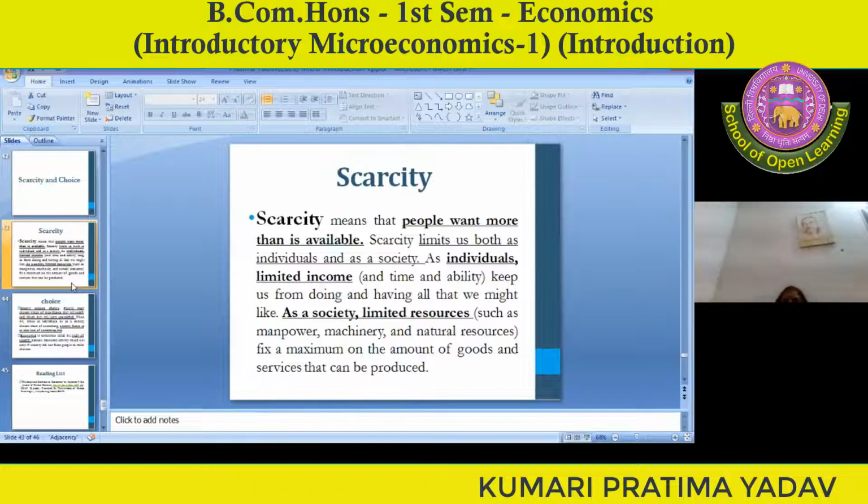Take other countries in the world and compare where we stand. Individuals have scarcity because each and everyone has limited income or earnings. The country has a scarcity of resources. We do not have too many rivers. There are some rivers whose water you can drink only after purification, and similarly food shortages and those things can happen. So individuals as well as society and the nation have scarcity.